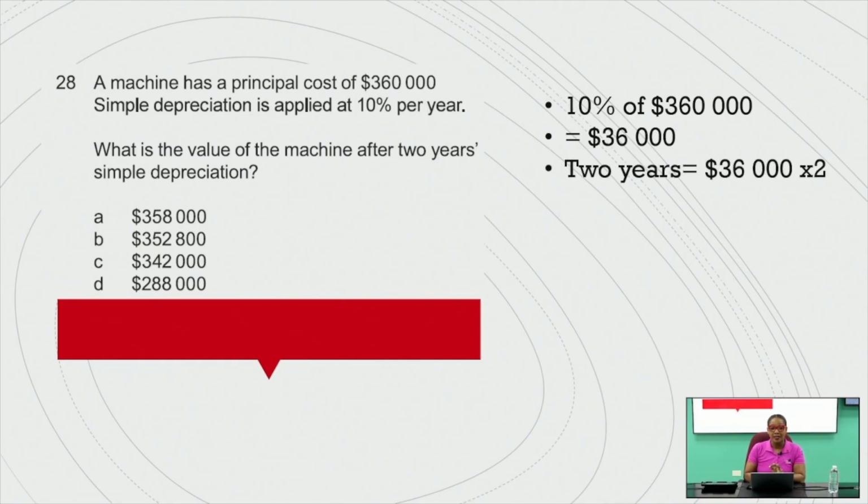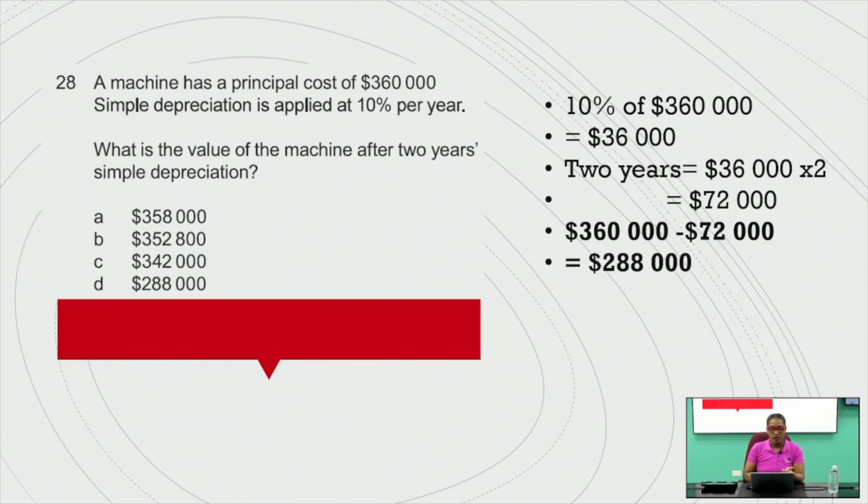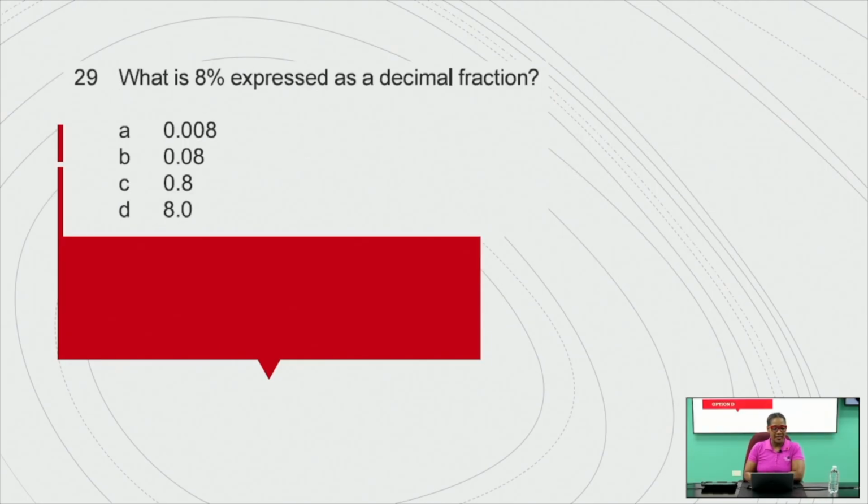Multiply 36,000 by 2. Another way, we could add 36,000 to 36,000, which would give us 72,000. And then we'd subtract it from the 360,000, giving us $288,000, and that would be option D. And that's pretty much it for question 28.